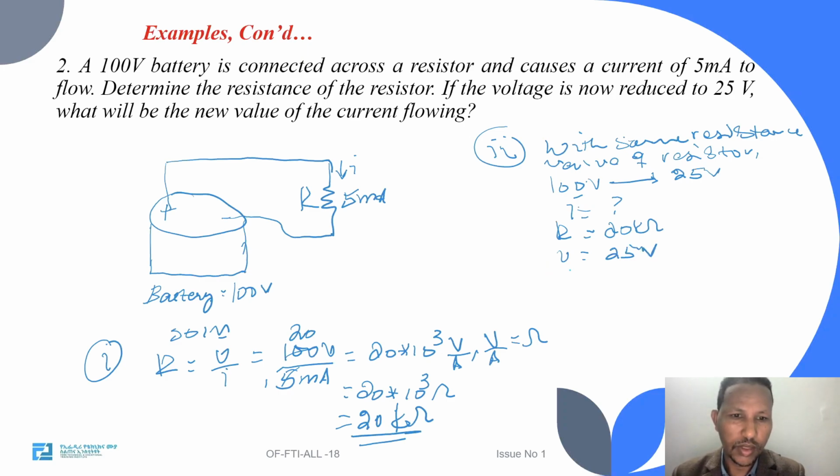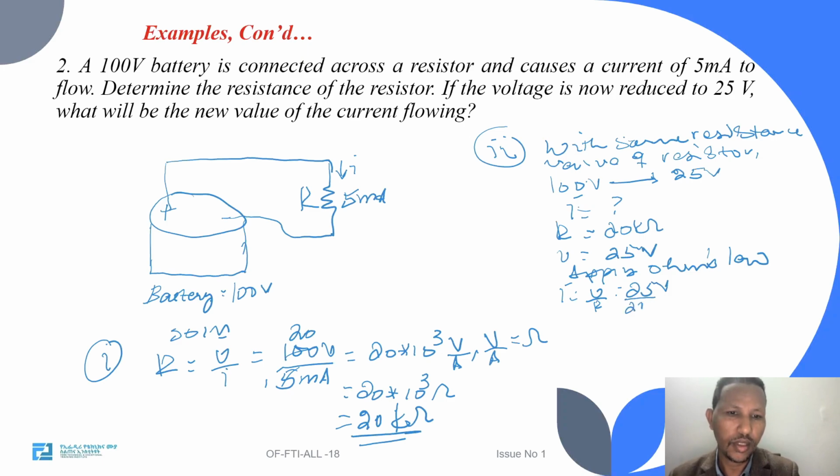We are asked the current passing through the resistor. So we just apply Ohm's law. I equals V over R, which is 25 volt over 20 kilo ohm. 25 divided by 5 is 5, 20 divided by 5 is 4.